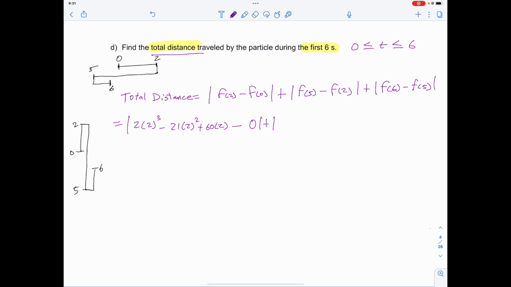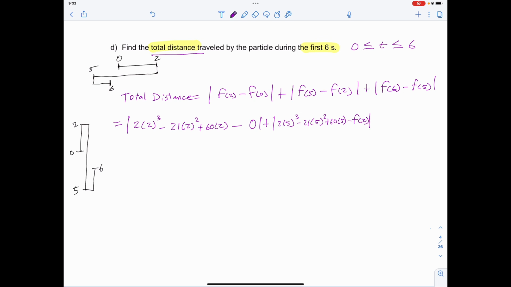I'm going to combine that with the displacement at 5 seconds. So 2 times 5 cubed minus 21 times 5 squared plus 60 times 5 minus whatever the f of 2 winds up equaling.